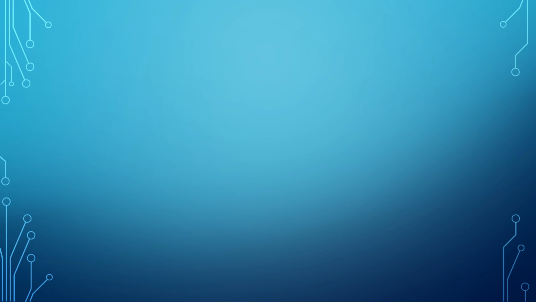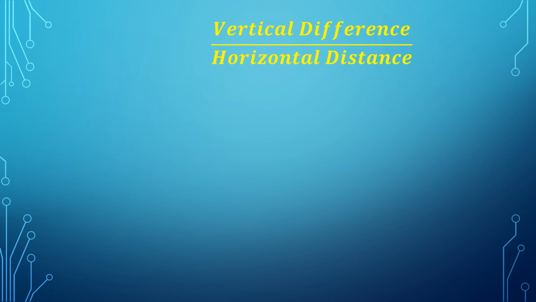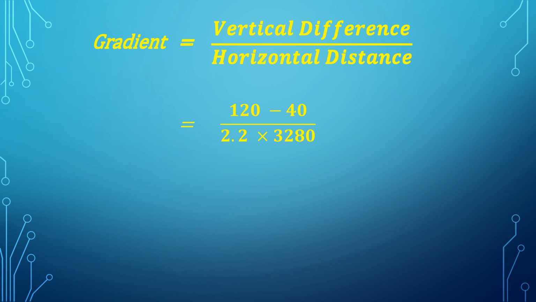Now, students, we are now going to express our formula. Gradient equals vertical difference all over horizontal distance, which equals 120 minus 40. Remember, the height of point R is 120 feet and the height of point S is 40 feet.